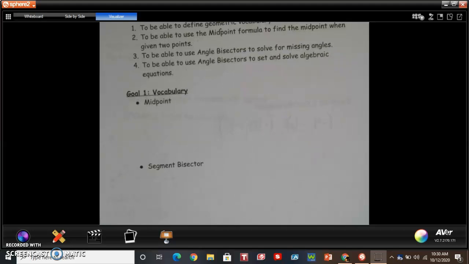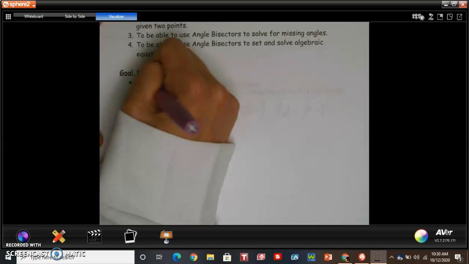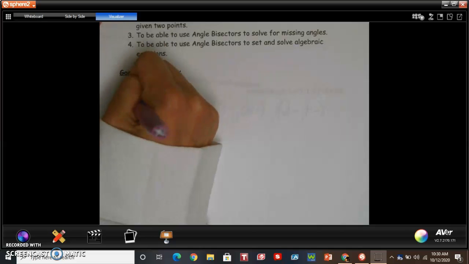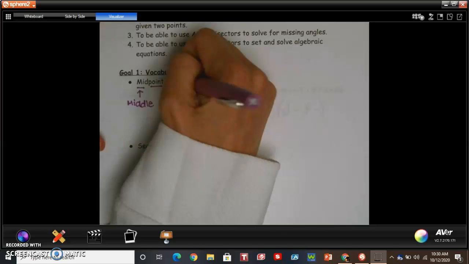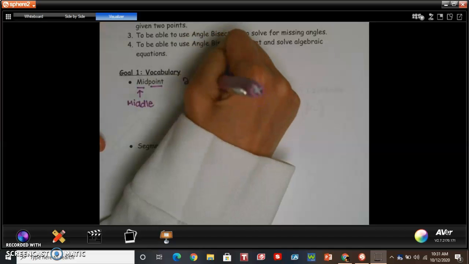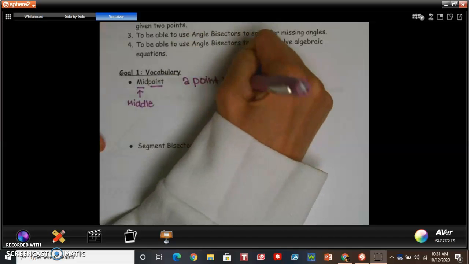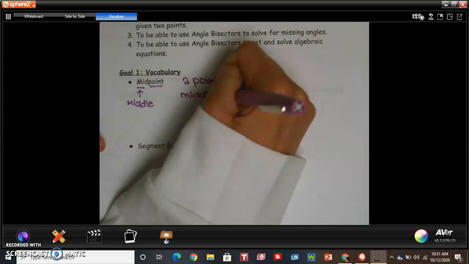So our first vocab word for today is midpoint. Midpoint. Mid meaning in the middle. So a midpoint is a point in the middle of a segment.